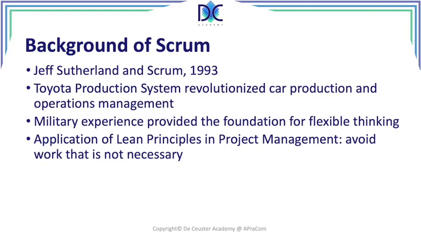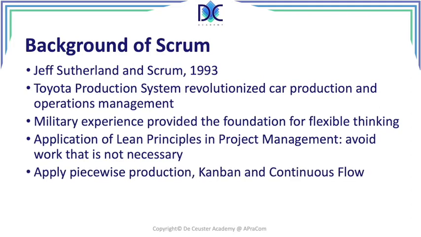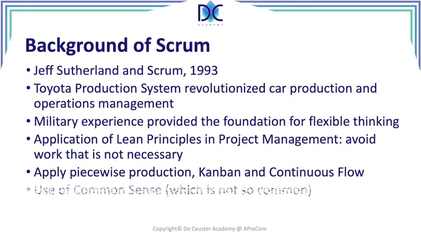And when you look at the results of all those projects, even a perfect Gantt chart led to catastrophic endings of projects. When we look at Agile and the Toyota production system, they use in fact what we call piecewise production, Kanban, and continuous flow. So basically, these are principles that come back here when he was developing his methodology, the Scrum methodology.